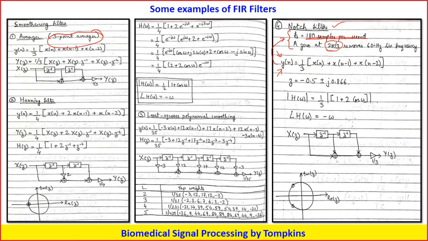Okay, you have a 0 at 2 pi by 3. Are you getting my point? Since you are having a 0 at 2 pi by 3, in the frequency domain, you will be having a 0 at 2 pi by 3, which corresponds to the 60 Hertz, right? Have you got how we have got 2 pi by 3?